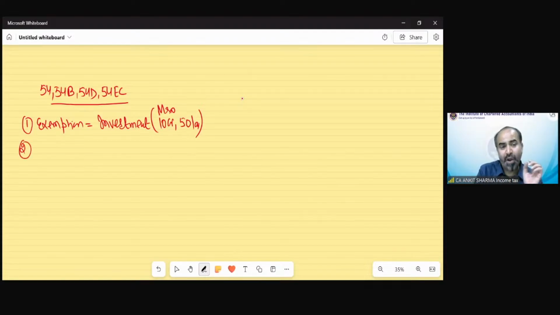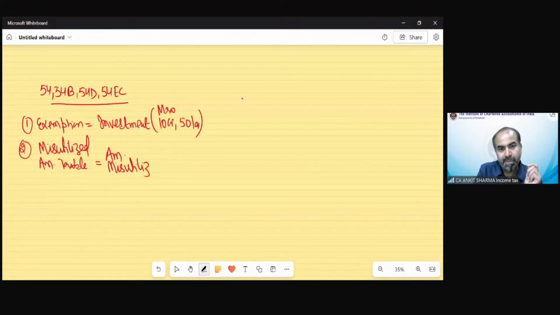And there is a point in which we have to decide how much misutilized amount is going to be taxable. The amount you misutilize is going to be taxable. Simple.